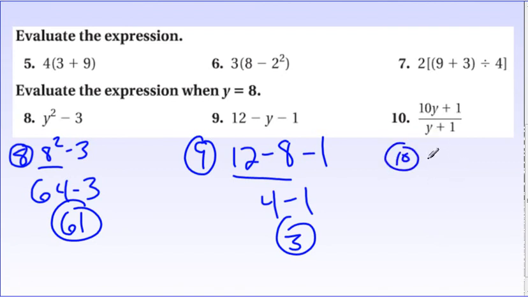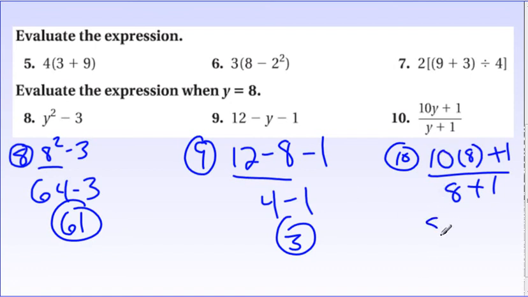All right, this is the most complicated problem out of these three. So we've got 10y, which means 10 times 8, plus 1 over 8 plus 1. Now, if you remember before, you do the math on the top, you do the math on the bottom, and then you divide your two answers. So the math on the top, we need to multiply before we add.